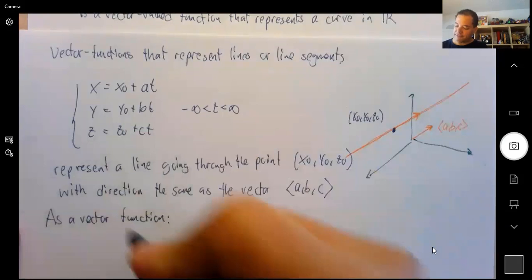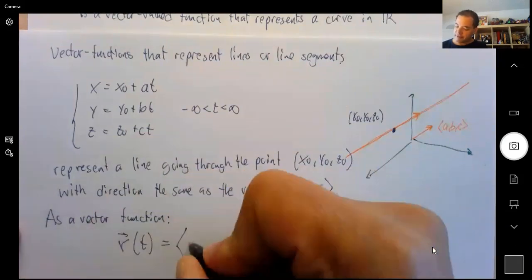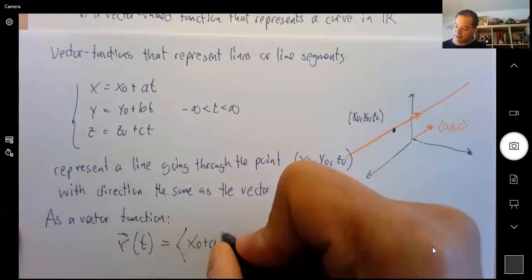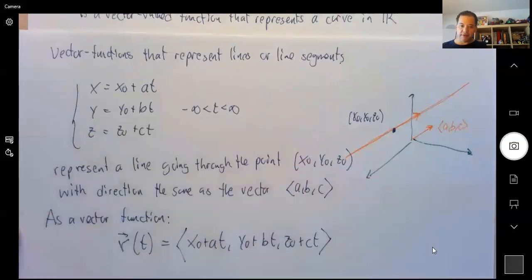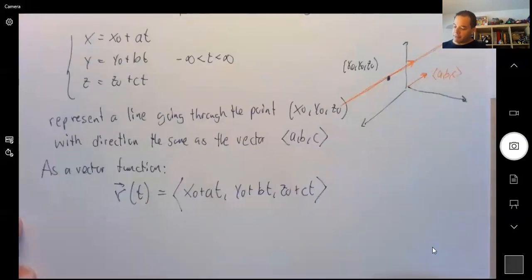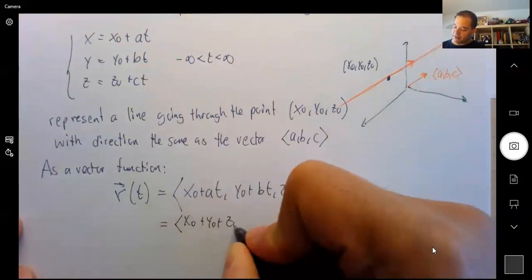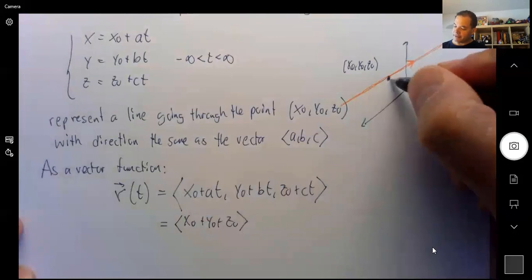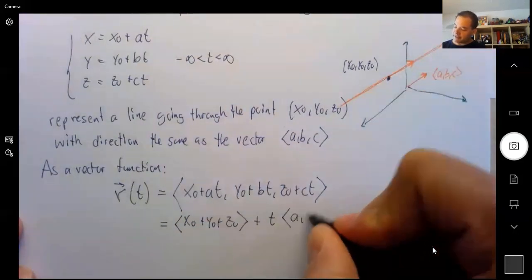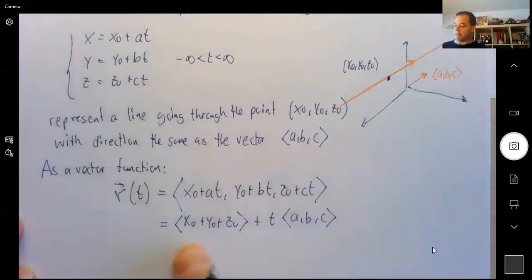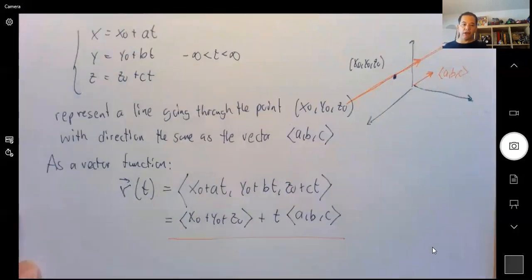R of t is x0 plus at, y0 plus bt, and z0 plus ct. That's one way. The way that I like even better is x0, y0, z0, that's this vector, plus t times the vector abc. This one I think is the better one to remember and to know how it works.